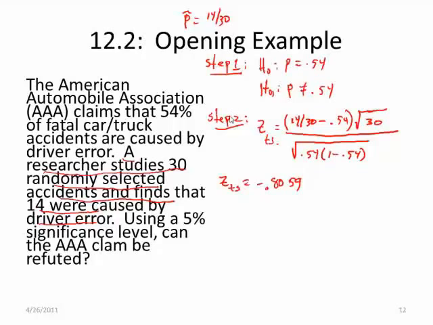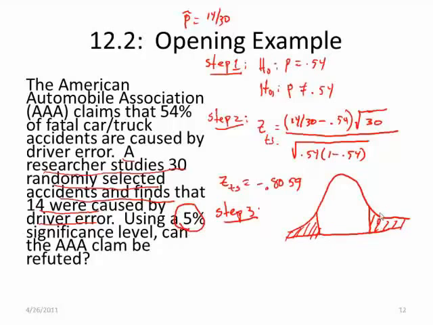But let's continue on for S&G purposes. Step 3 is to draw a picture. Let's draw a standard normal distribution. We have a two-tailed test, so we need to come up with the critical values. We have 5%, so how much is going to be in each tail? 0.025.